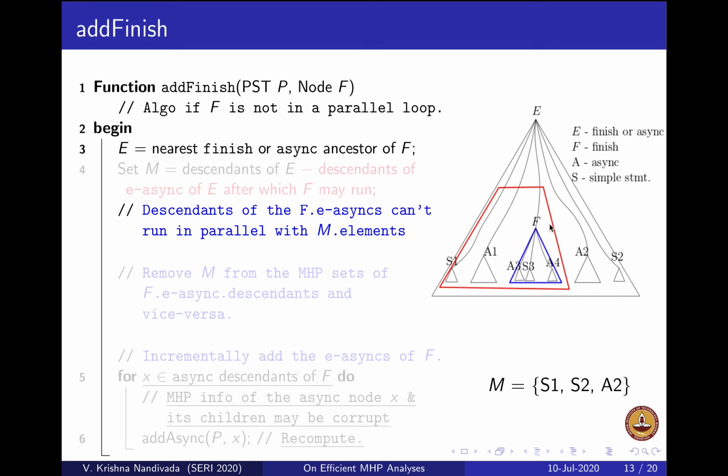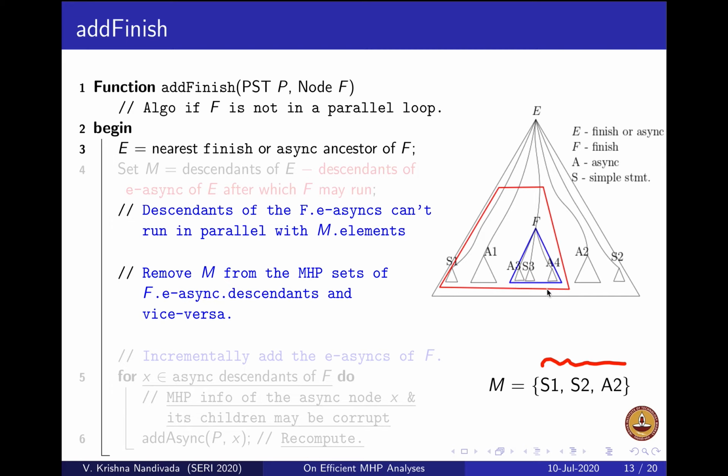So what I'll do, I will take away from the MHP information of every child of A3 and A4 this set M, and vice versa. Now you may say, aha, now that I have done this part fine, I have removed those that wouldn't run anymore in parallel with A3 and A4.